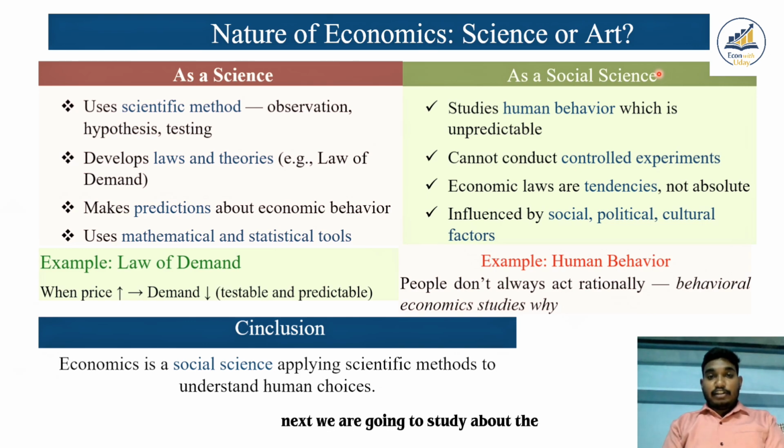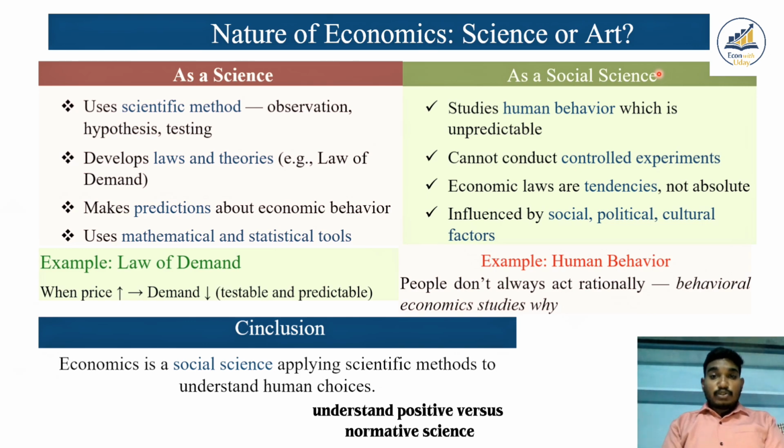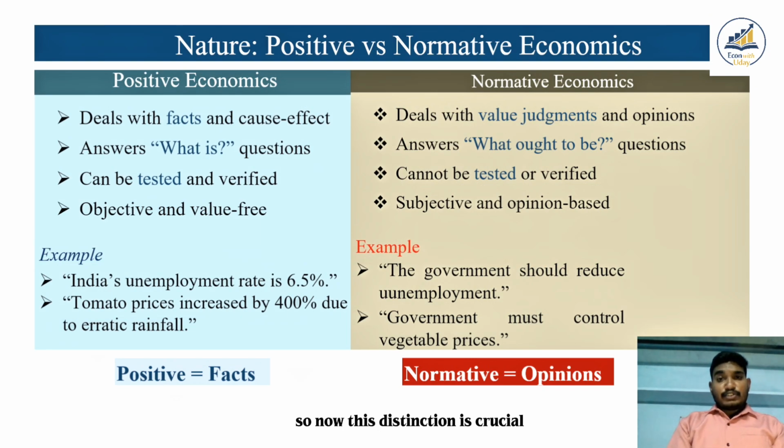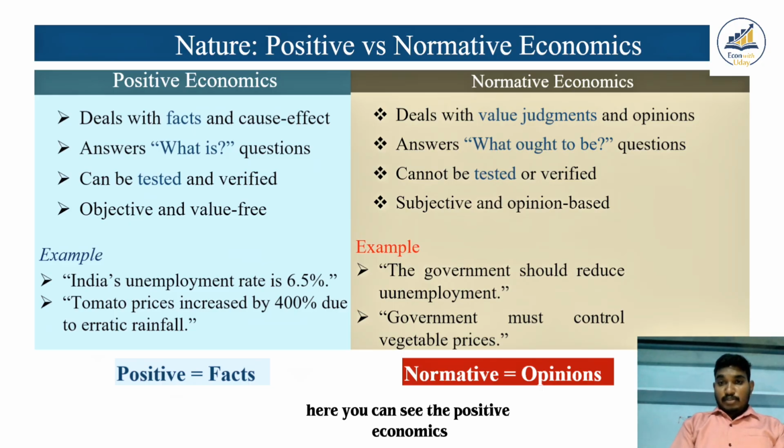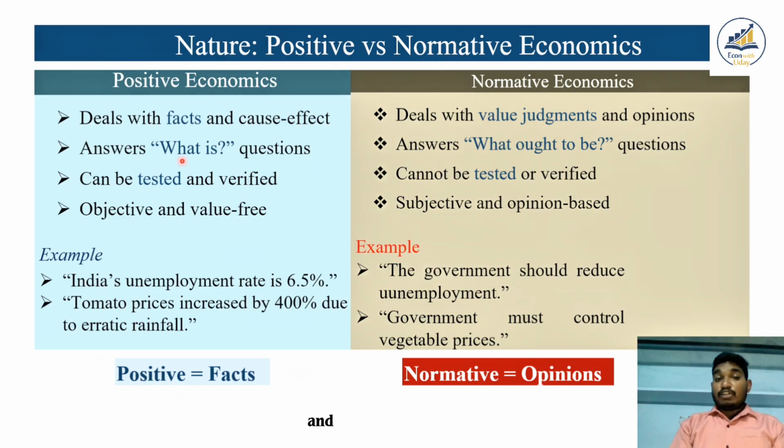Next, we are going to study positive versus normative economics. This distinction is crucial. Here you can see positive economics and normative economics. Positive economics deals with facts and cause and effect, and answers what is questions.